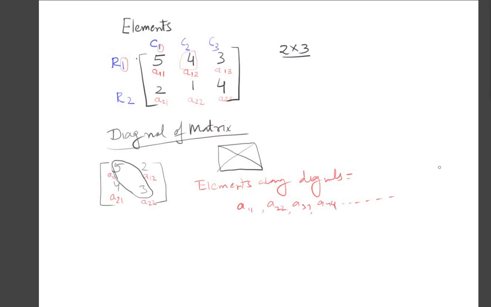Got my point? So that's the element numbers along the diagonals. Got this concept? Okay. Sure?